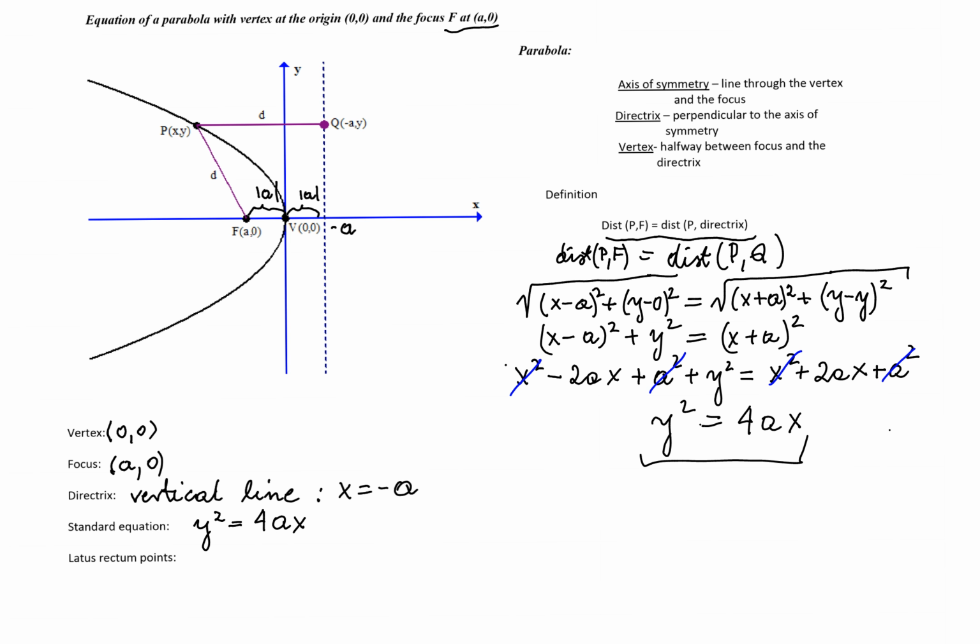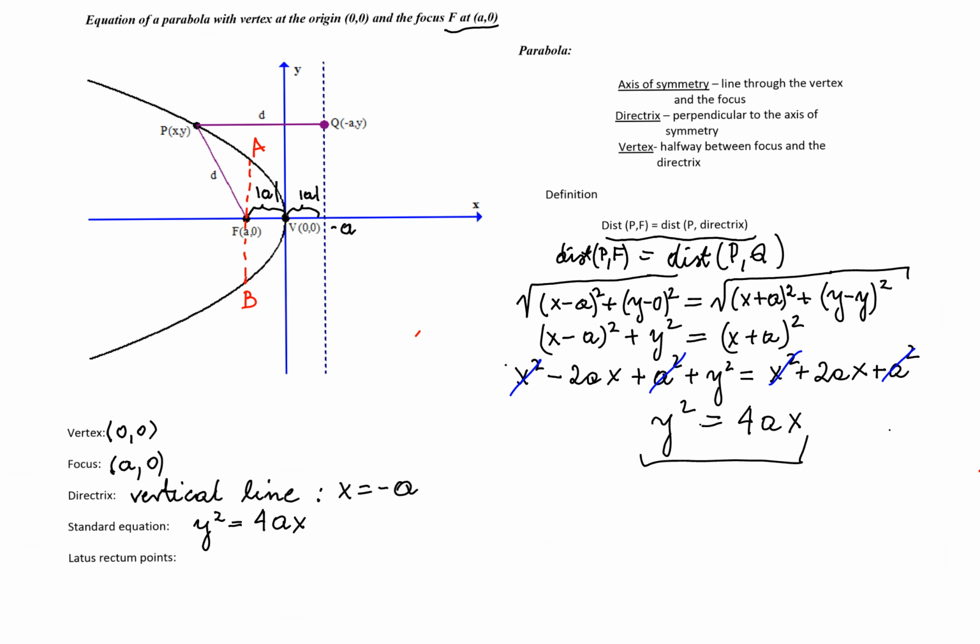To help us graph a parabola, we use the segment called the latus rectum. And how is that segment formed? It is the segment that goes through the focus and is perpendicular to the axis of symmetry. So the segment with the endpoints A and B is the latus rectum.